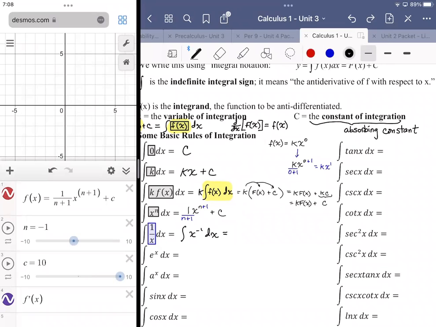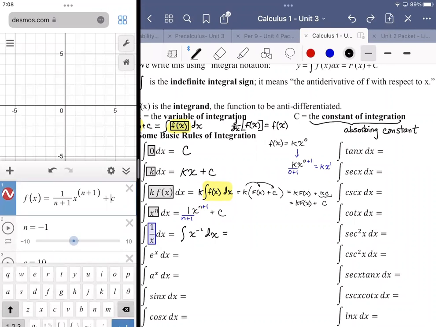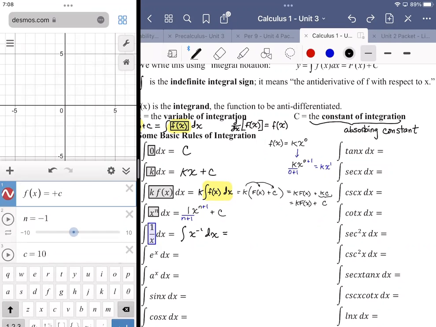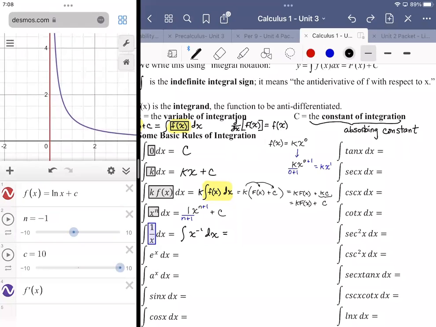But if you know that the derivative of the natural log of x is equal to 1 over x, just by studying, so you did your part, you worked hard, and now you're waiting for it to pay dividends. It's like, all right, here we go. What's my answer? Well, the derivative of natural log of x plus c is equal to this funky graph.